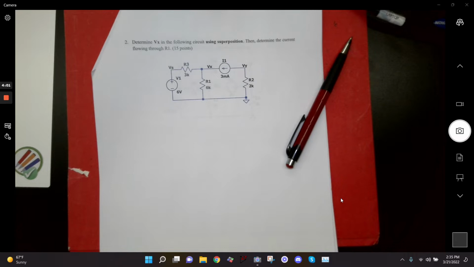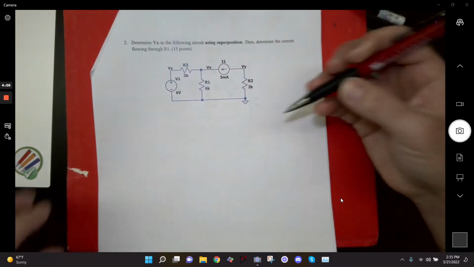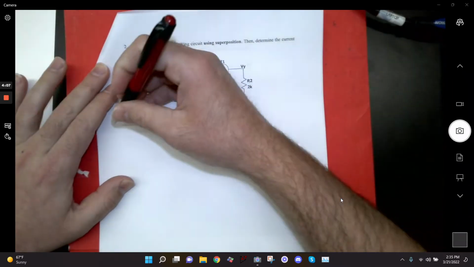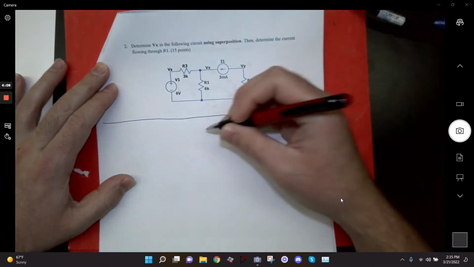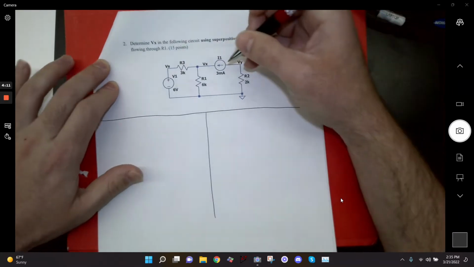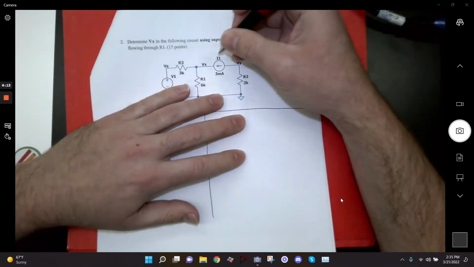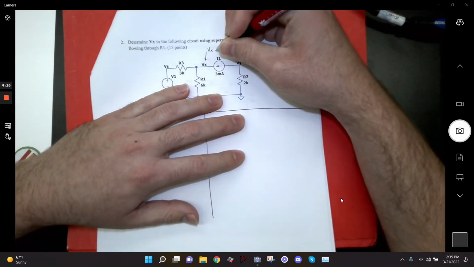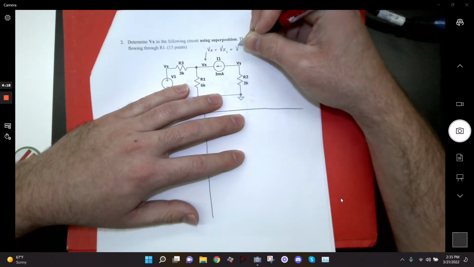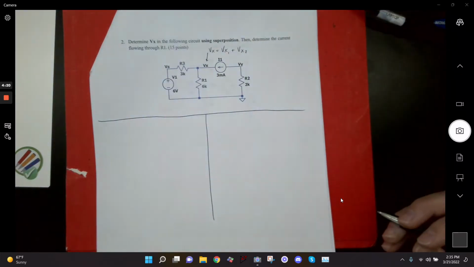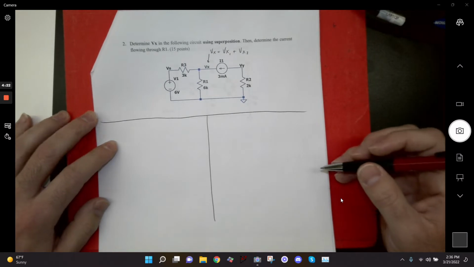All right, so this is just a typical superposition problem. For me, I would split my paper into 2 so that I can solve it. I'm trying to find Vx, so Vx is going to be equal to Vx1 plus Vx2 because I have 2 sources.